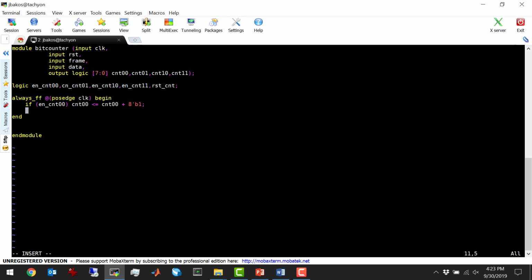Also notice that if enable_count00 is not asserted when this always block gets activated, then it will retain the old count. So that's kind of like having a regular flip-flop with an enable.